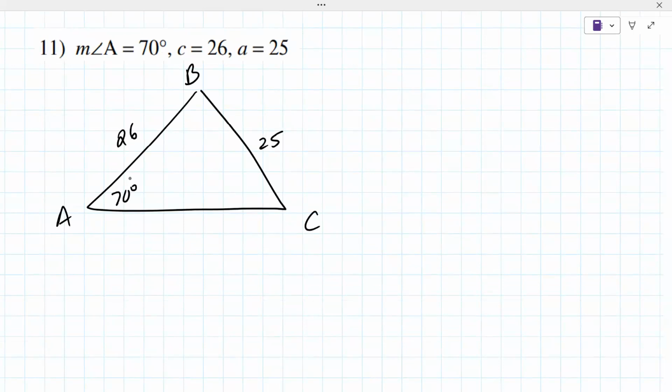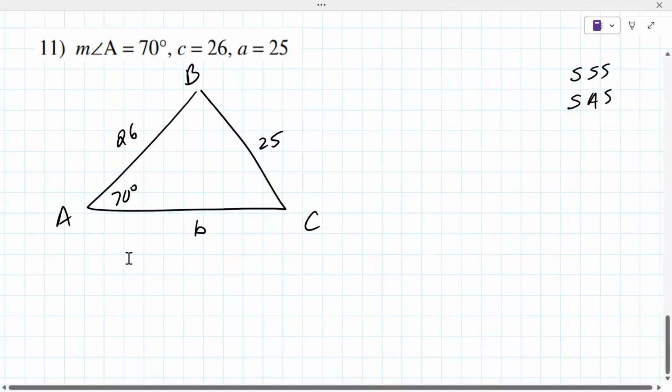Okay. So as you look through this, is this law of sines or law of cosines? It's law of cosines, so you either have all three sides or side angle side. Which do you have here? Side angle side. So I see a side and an angle, but I don't see the other side. We're missing that one.